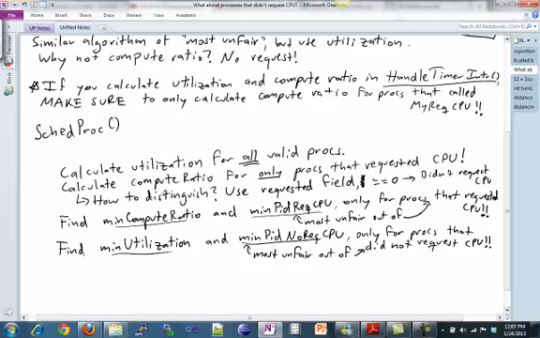Okay. And then at the beginning, we might want to initialize these PIDs, min PID request CPU, and min PID. We also want to initialize min compute ratio and min utilization, no request CPU.